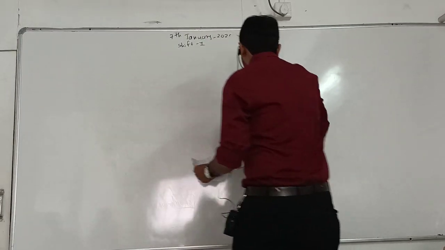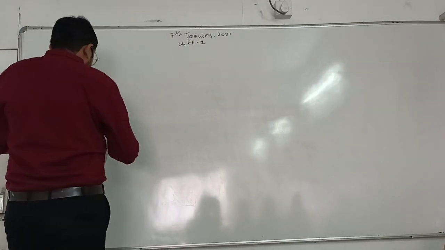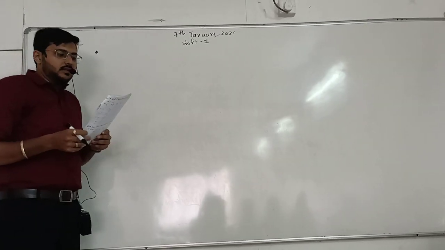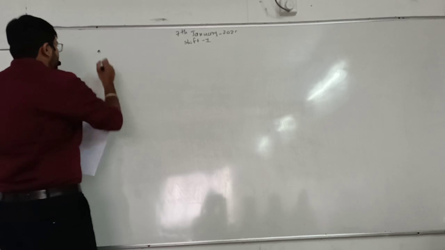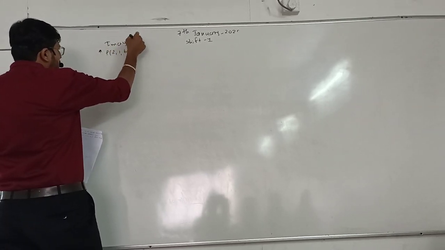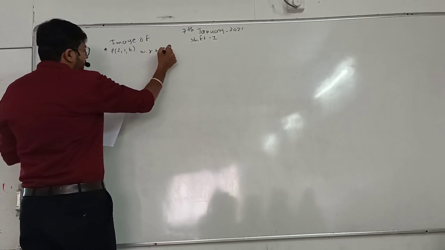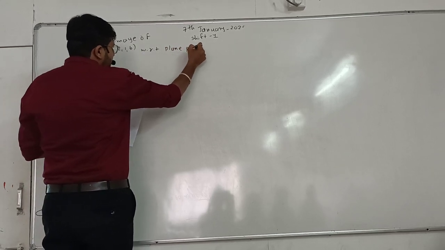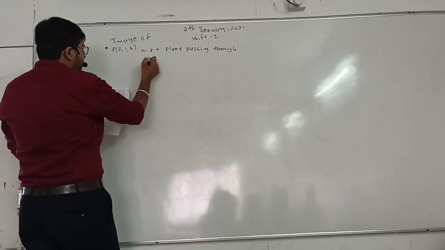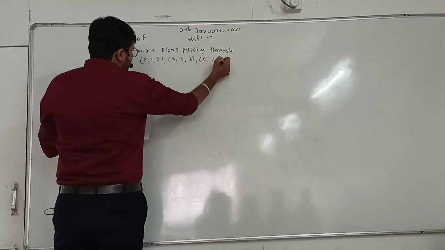The next question is, we have to find out the image of a point P with respect to a plane passing through the points (2, 1, 0), (6, 3, 3) and (5, 2, 2).